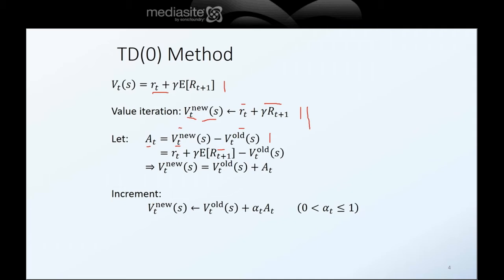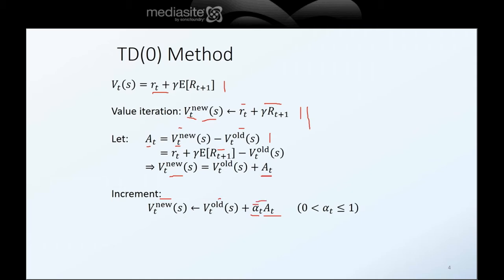Instead of doing the full increment as in value iteration, what we will do now is only apply a fraction of the increment. So instead of adding all of A_t to get the V new, we will get the V new by adding to V old a small fraction alpha_t of the actual increment that we should have applied. And why do we do it this way?